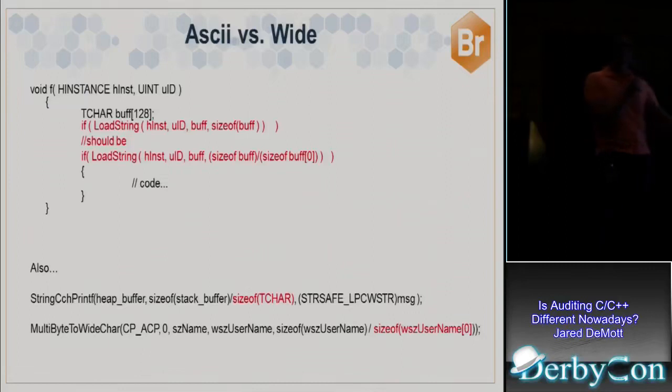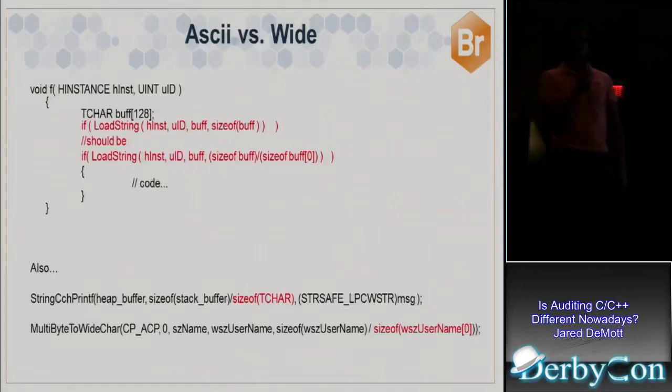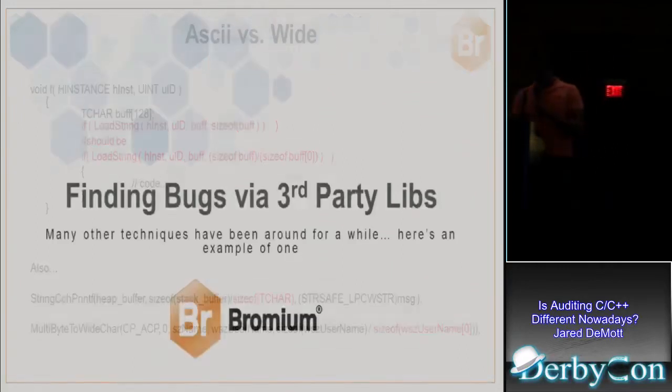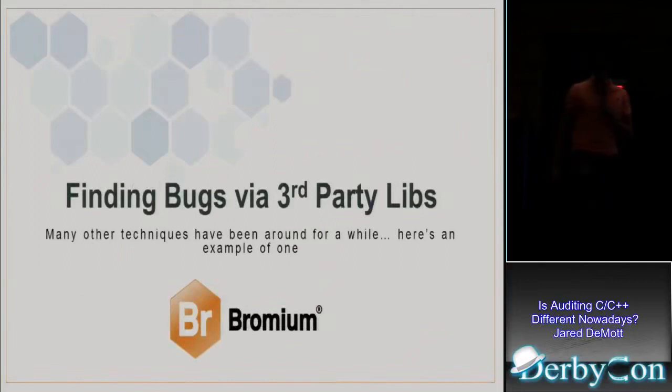So it'll copy 128 too many bytes. So you basically have to divide your sizeof by 2 for it to do the right thing. There are a lot of goofy things like that to look out for, and many different functions have that exact same issue, where you need to make sure you normalize your size. Okay, so those are some of the bug types you might look for.